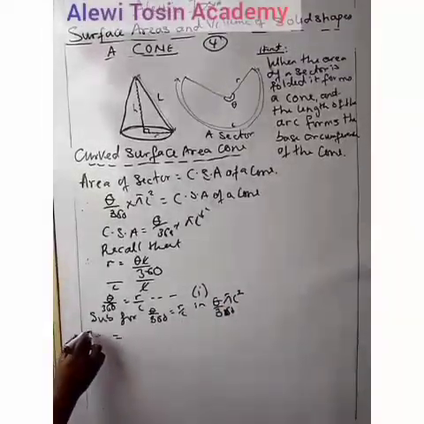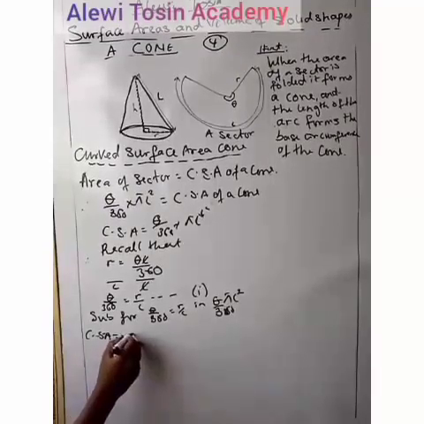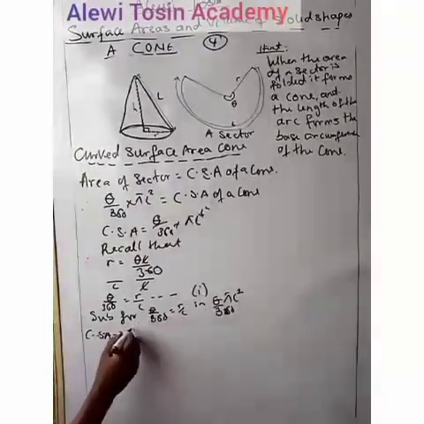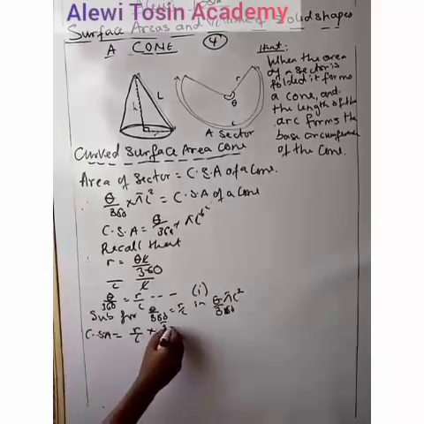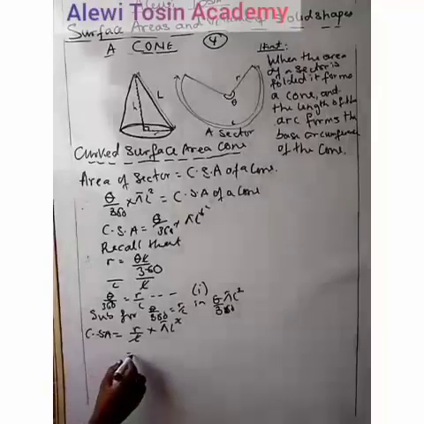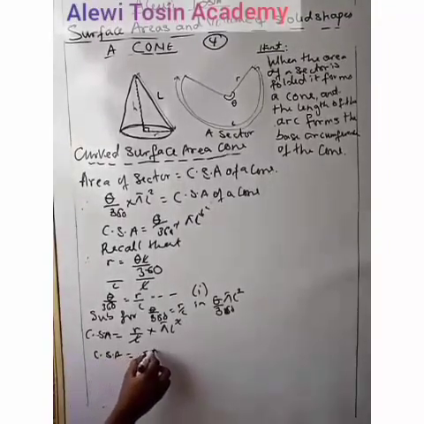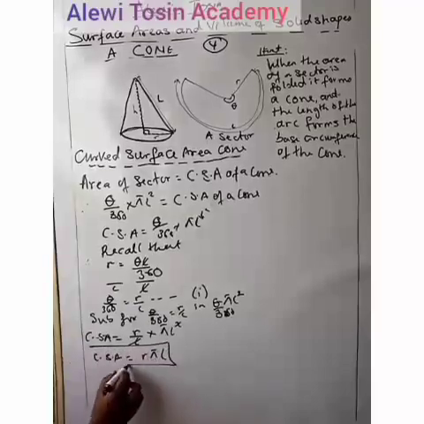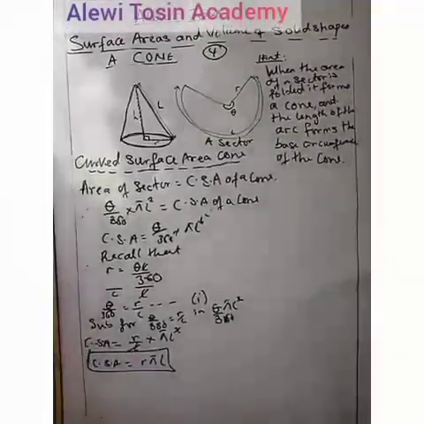So we have our CSA of a cone equal to R over L times pi L square. One L cancels, so we see that the CSA of a cone is equal to pi R L, making the second formula that we need to put in our brain for this topic.